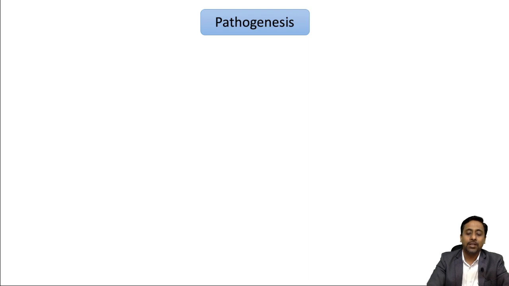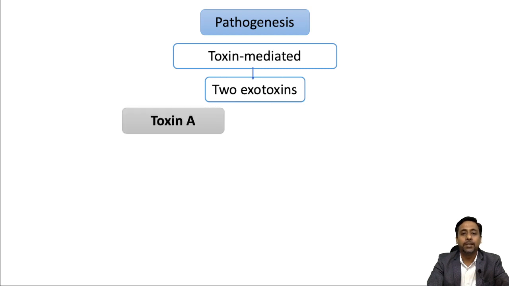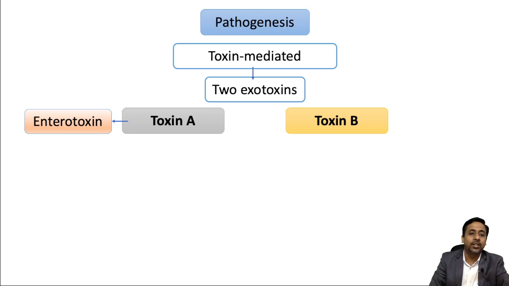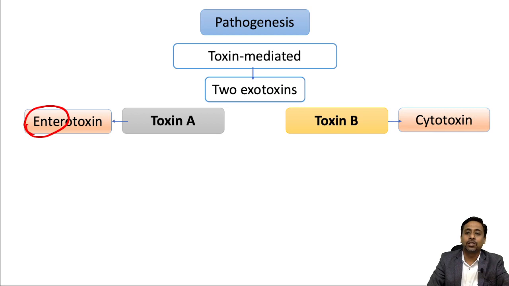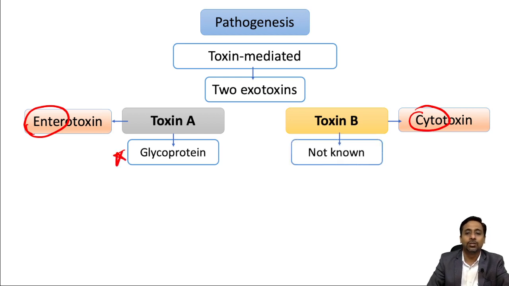The pathogenesis of this disease is toxin mediated. Clostridium difficile produces two exotoxins, toxin A and toxin B. Toxin A is a potent enterotoxin, and toxin B is a cytotoxin. The receptor for toxin A is a glycoprotein, whereas for toxin B it is not yet known.